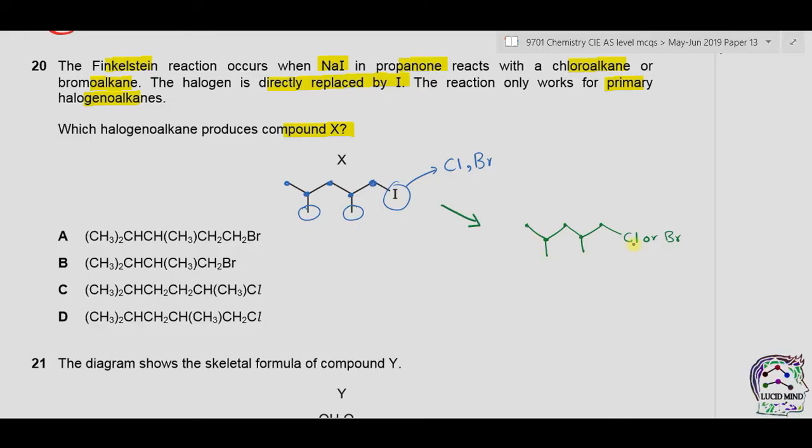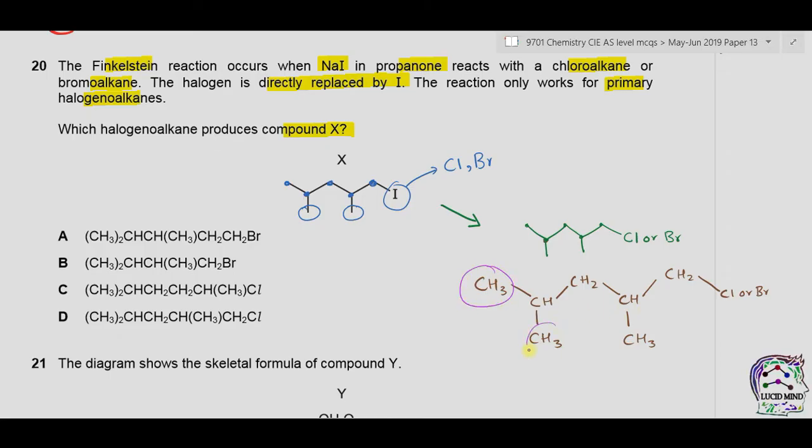We can write the structural formula for this compound. We have CH3, then CH, then CH3 attached to this one, again CH2, CH with a methyl group, then again CH2 and then Cl or Br. Now we can also rewrite this formula.